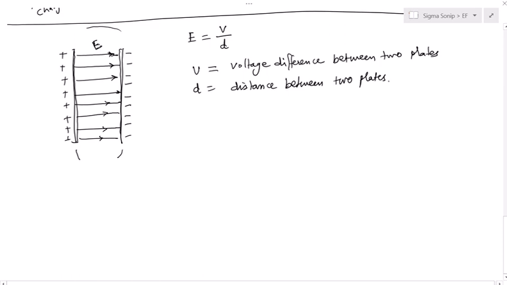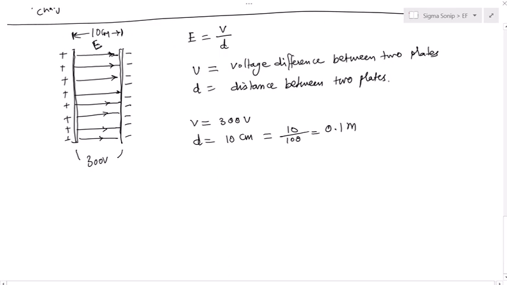So suppose we have this particular configuration here, and the voltage difference between them is 300 volt, and the distance between the two plates is say 10 centimeters. So we are given V equals 300 volt and D equals 10 centimeter. Just remember that in physics all calculations are done with distance measured in meters, so this will be 10 over 100, which is 0.1 meters.